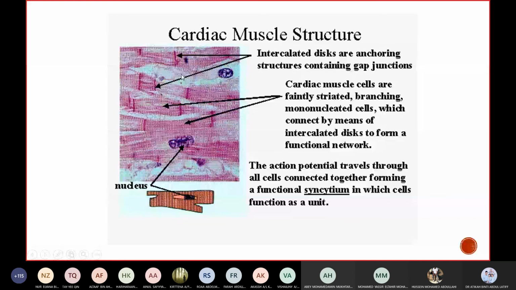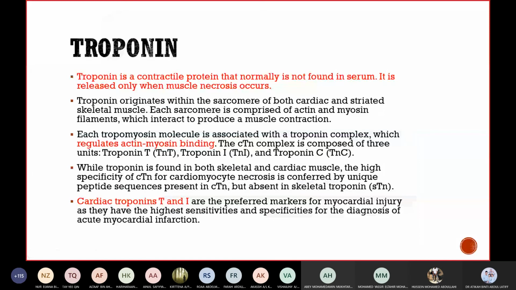Okay, when you see intercalated discs, you know you're looking at cardiac muscle rather than skeletal muscle. Because these intercalated discs create junctions for action potentials to be shared among all the cells of the cardiac muscle. Okay, cardiac muscle also has troponin, which is a contractile protein specific to the cardiac myocyte.